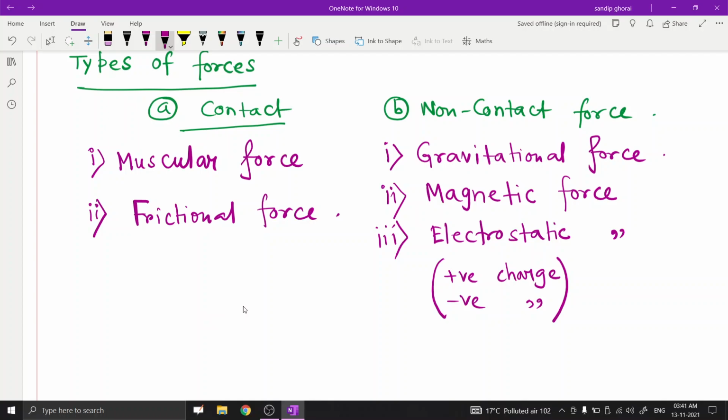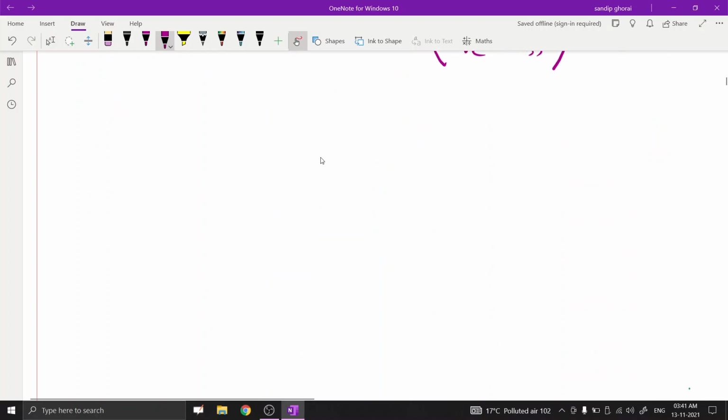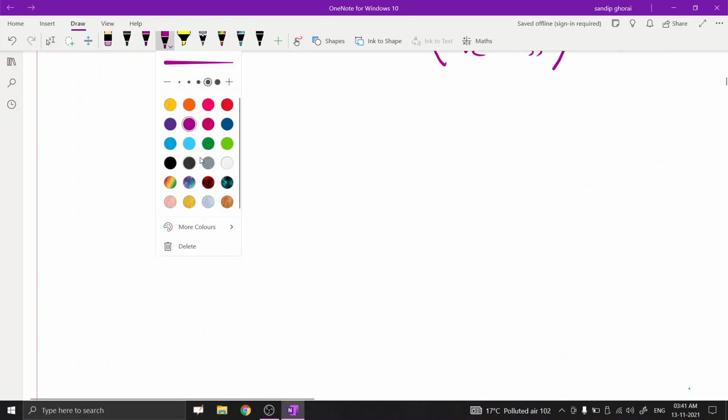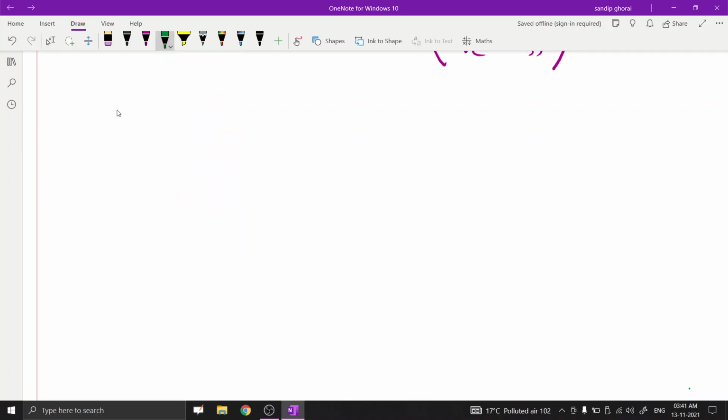Okay, so at first we take units. We already discussed the CGS unit. The CGS unit is dyne, and the SI unit is Newton. These are the absolute units of force.